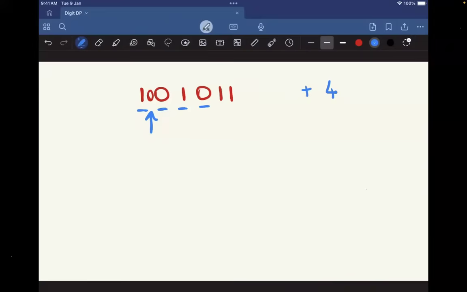Similarly, let's say I remove this 0. Now, if I remove this 1, my answer would still increase by 4. Tell me, guys. What I just count is how many are not valid.